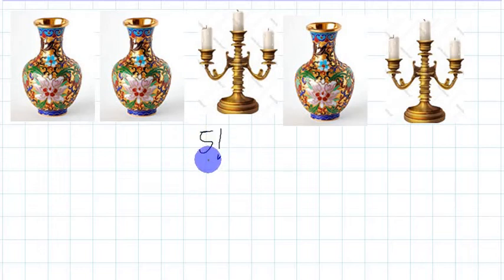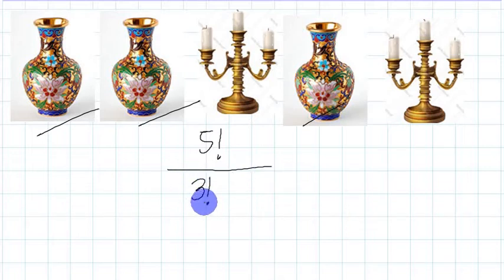However, from the 5 factorial, we need to remove the arrangements of the repeating objects. So when we remove something in factorial, that would usually be the division operation. Now, there are 3 repeating objects, the vases. So the number of ways of arranging these identical vases is 3 factorial. So I need to remove 3 factorial from 5 factorial.